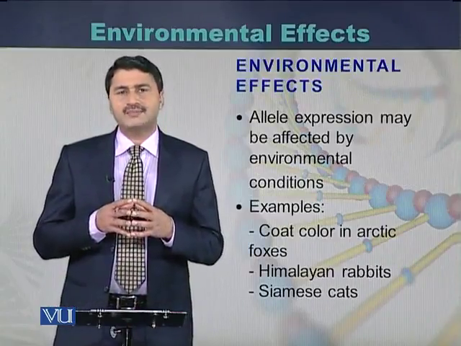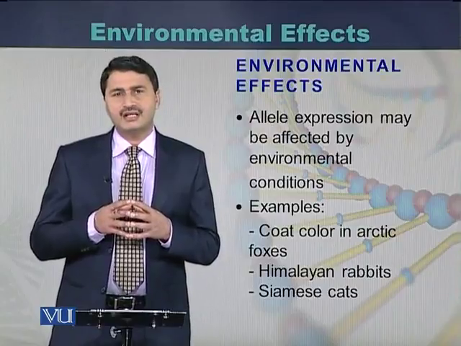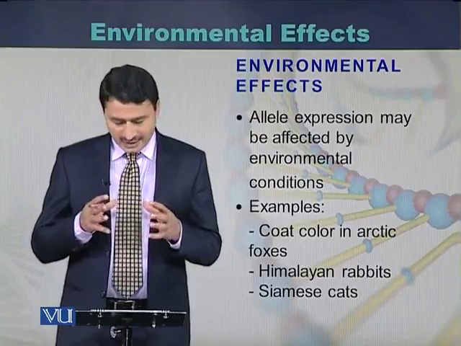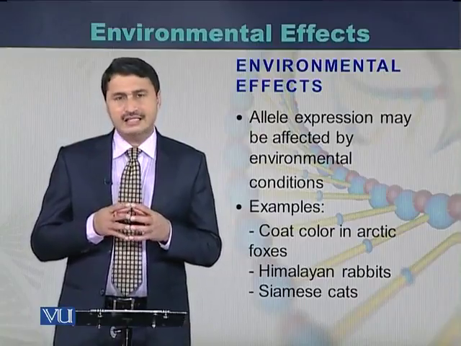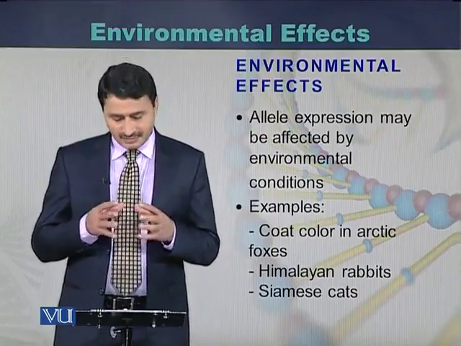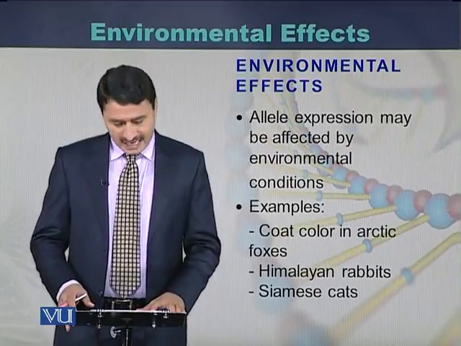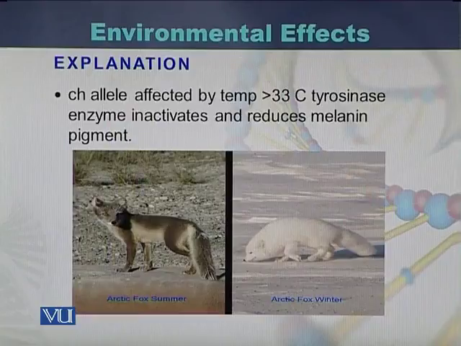If we take examples of environmental effects, the best examples are the coat color in Arctic foxes as well as in Himalayan rabbits, and the third example can be the Siamese cats. Here we can see how the environment affects the color of the Arctic fox.